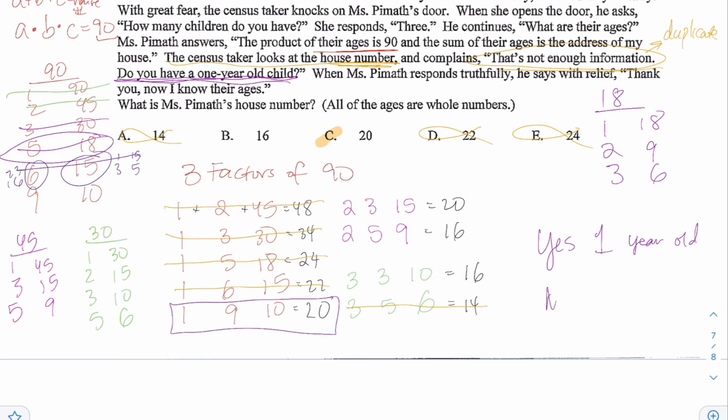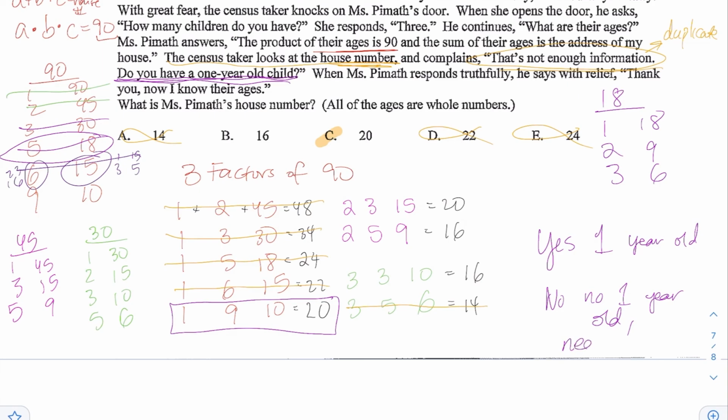If she says no 1-year-old, then the census taker would need to actually ask another question, because you still don't know what the answer is. Because you still could have 16 or this. You could still have 2 or 3 or 5 or 9.